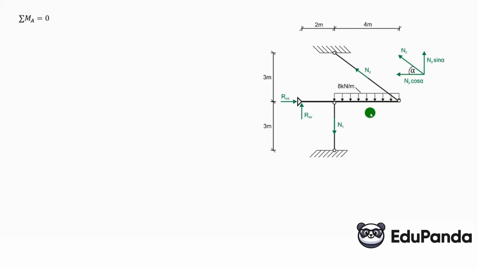So I take the positive moments to the right, and like this, N1 times 2 to the right on arm 2 minus N2, and now I haven't mentioned yet, we can shift the force N2 here to the point of attachment with the beam.